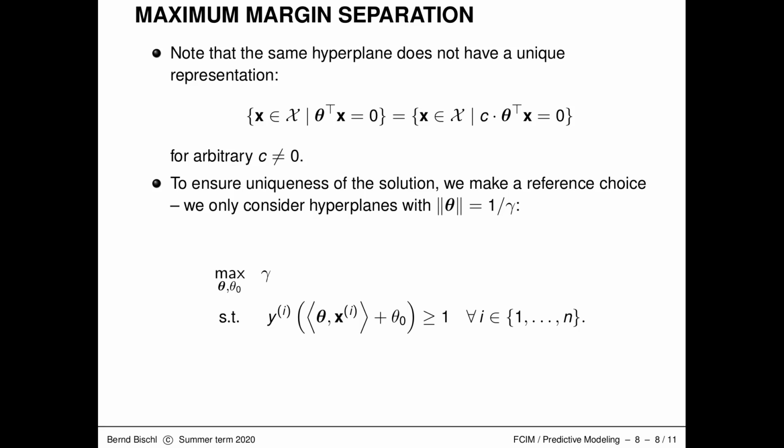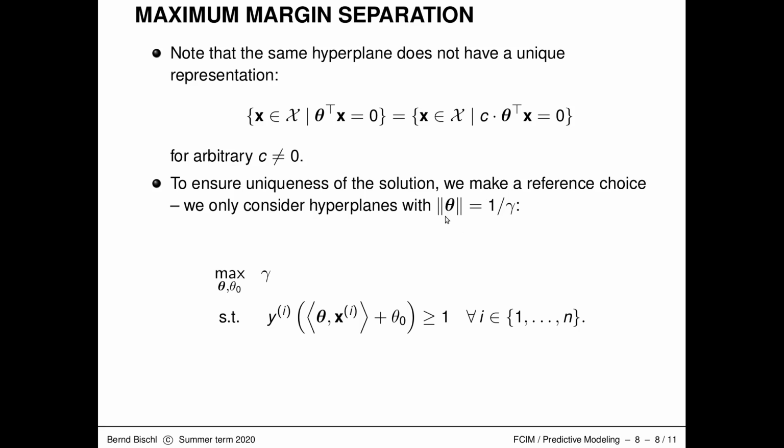So how about we ensure uniqueness of our solution by picking out a certain reference hyperplane from this infinite set. The only thing we are doing is picking a certain scale of the hyperplane. So we are basically scaling this orthogonal vector theta, picking a certain length, because all of these representations have different lengths of their associated orthogonal vectors.